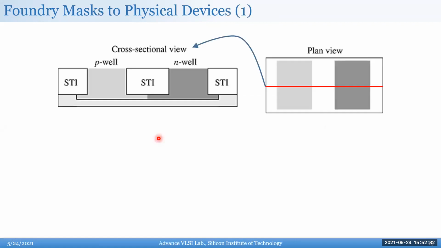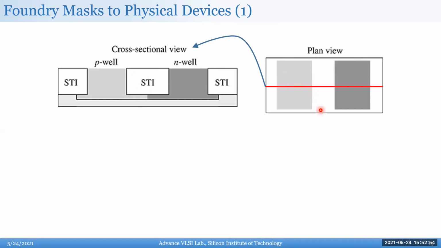And you just do layer by layer, right? So this is the diffusion layer. You take the N well and the P well layer. You take the P well and use that mask to create the P well through diffusion or ion bombardment and alignment, and then use the same mask to do the STI process.